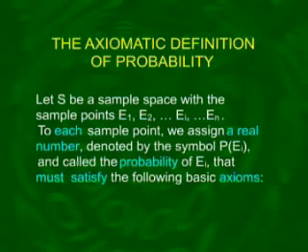To each sample point, we assign a real number denoted by the symbol P of Ei, and we call it the probability of Ei if it satisfies the following three basic axioms.